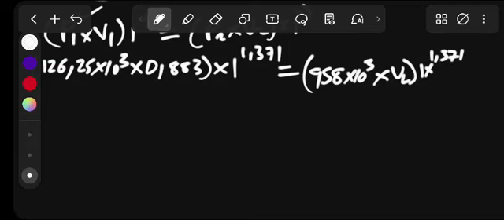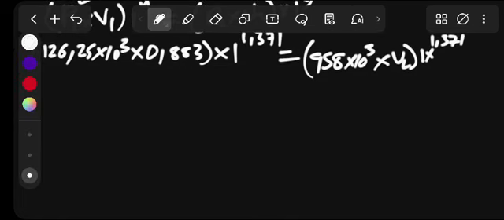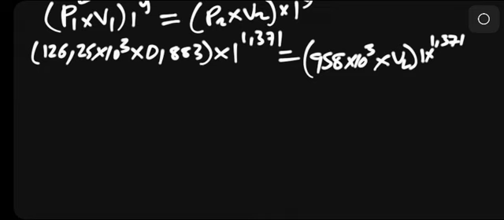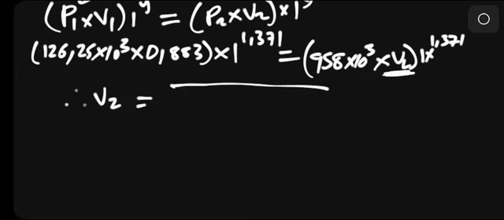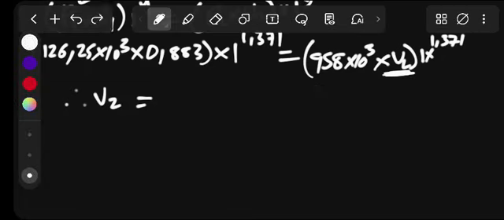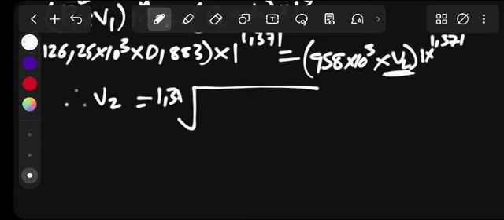So the aim is to calculate V2. If you want V2, you'll divide this and take the root of 1.371.